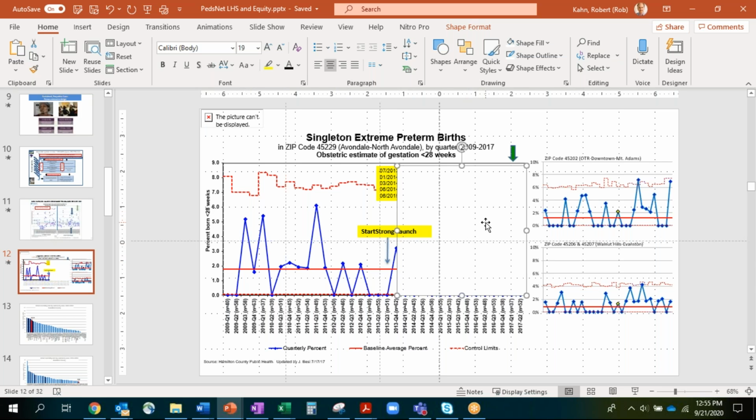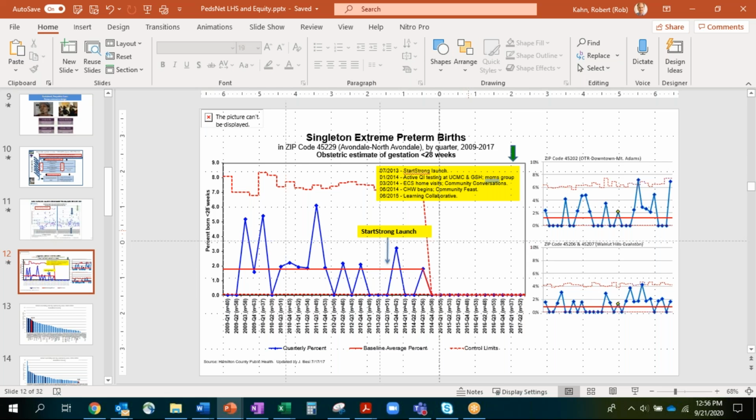So here's our baseline from 2009 to 2013, and we launched, and it took probably 9 to 12 months to get our act together and to start engaging women whose pregnancies would then run another 7 to 9 months, and really then having 3 years without a single extreme preterm birth in that neighborhood. I also included a couple of comparison neighborhoods, so it was not massive gentrification or a shift.